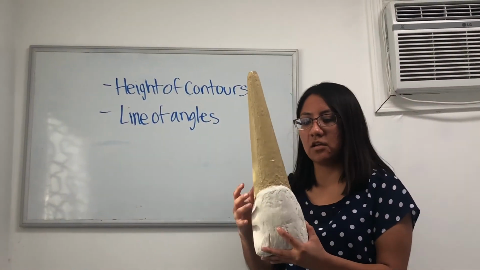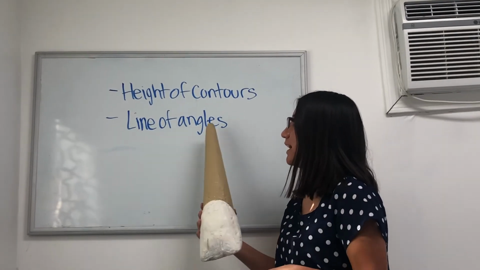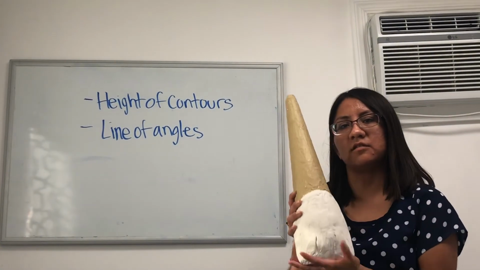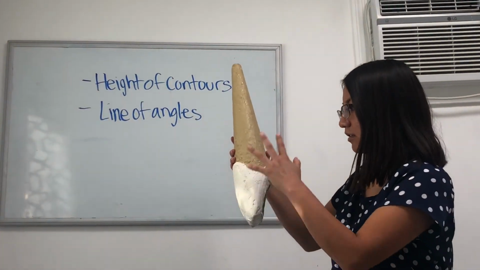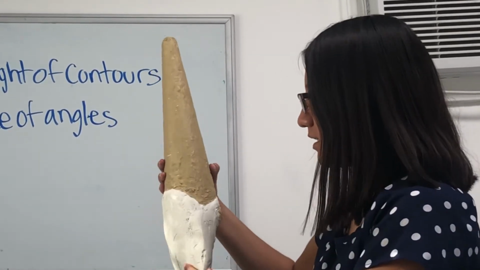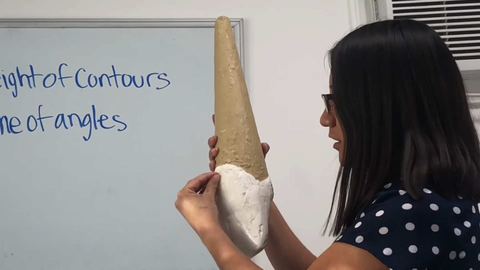Alright, so now I'm going to be discussing the heights of contour and the line angles of the central incisor of this tooth. So the heights of contour, if you were to see in the proximal view, you can see that the facial height of contour is at the cervical third here.